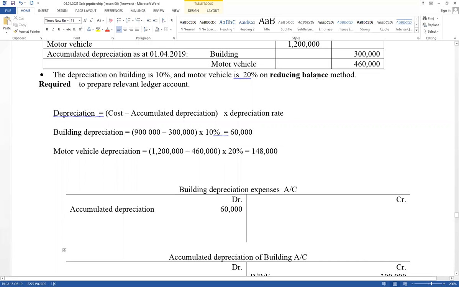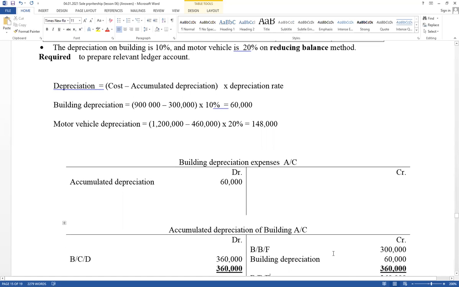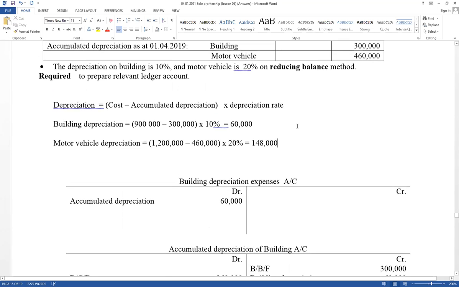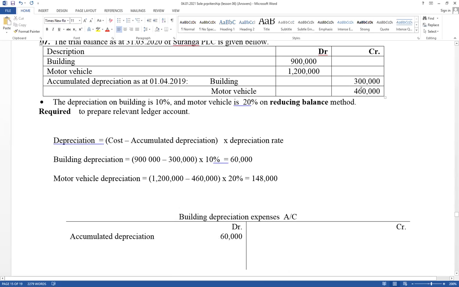Only the method changes. It is still the same for the calculation part. The recording part is the same way, and motor vehicle is also the same way. Annual depreciation equals 148,000 and the opening balance available is 460,000 in the accumulated depreciation account, credit side.